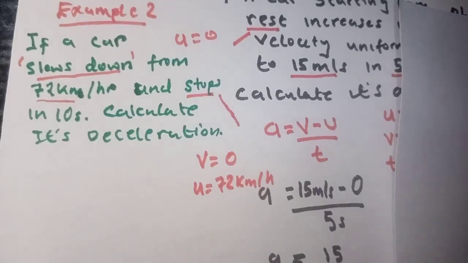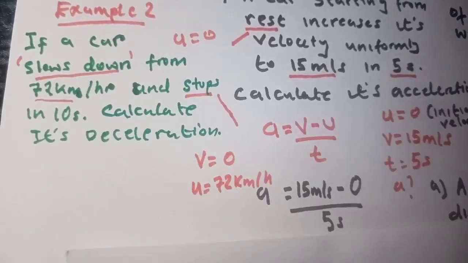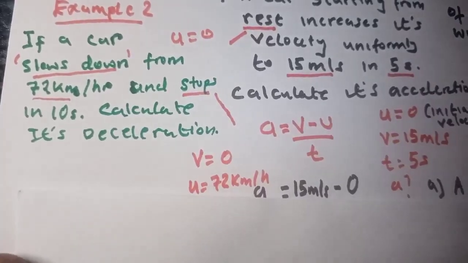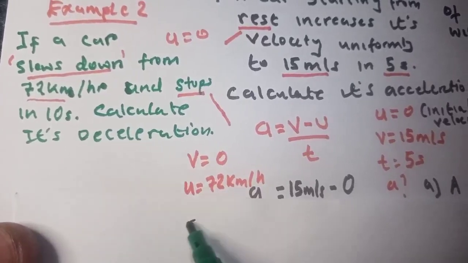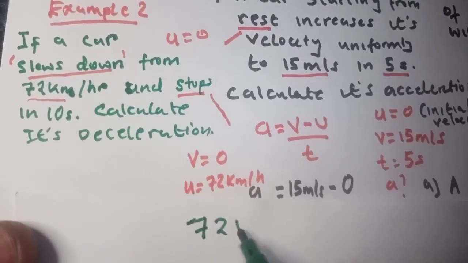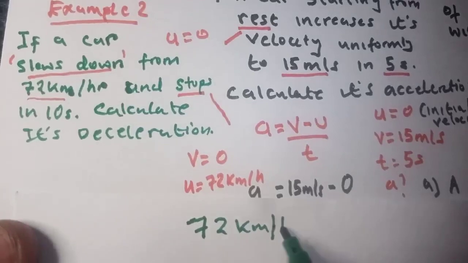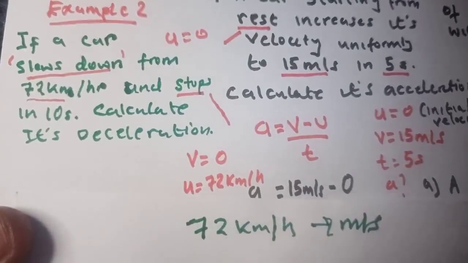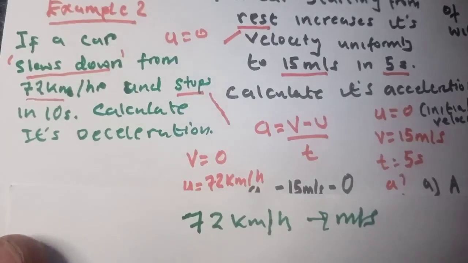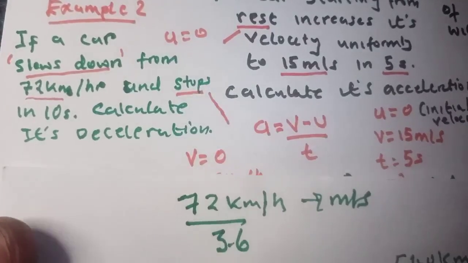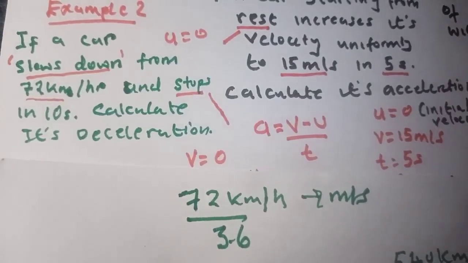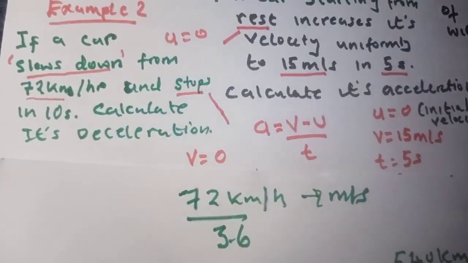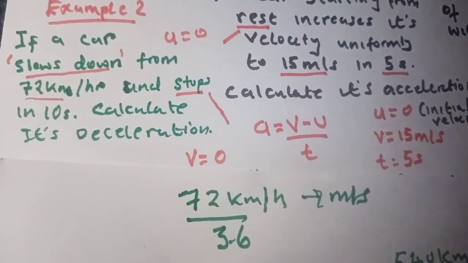So we've been given 72 kilometers per hour. Now we need to change this to meters per second, which are the SI units. To change them to meters per second, always divide by 3.6.